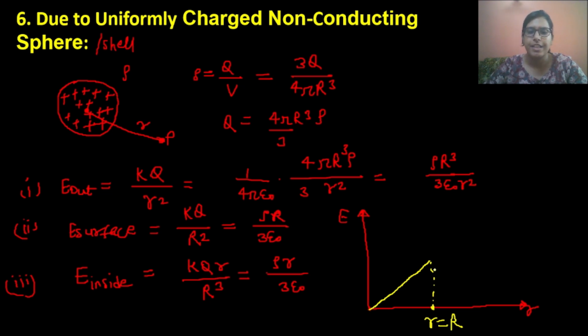After the surface, that means outside the sphere, it is inversely proportional to the square of the distance, so it will become like this. Here will be the maximum electric field intensity, and that will be kq upon capital R square. Now remember these formulas in terms of rho also.